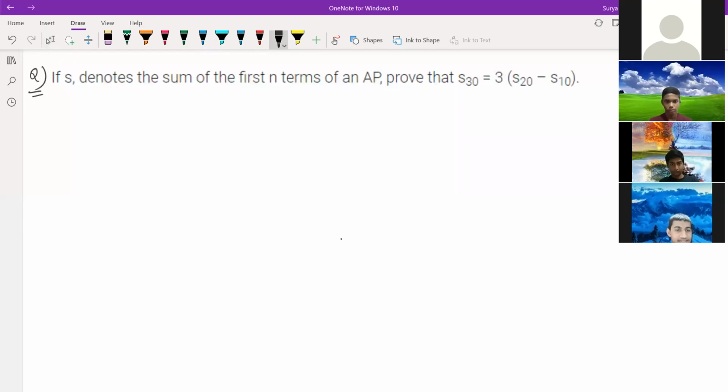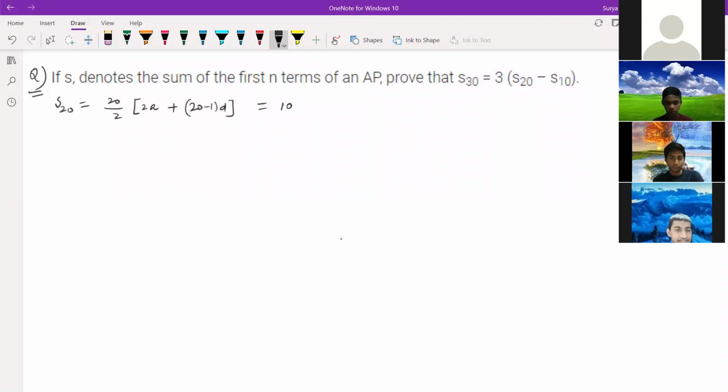Do the next sum, children. If S_n denotes the sum of first n terms of an AP, prove that S30 is equal to 3 into (S20 minus S10). First you can write S20: n by 2 into (2a plus (n minus 1) into d).